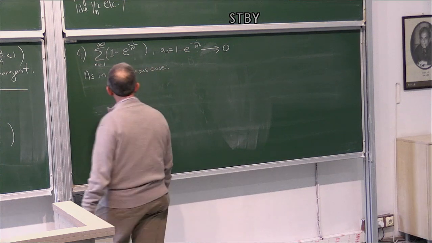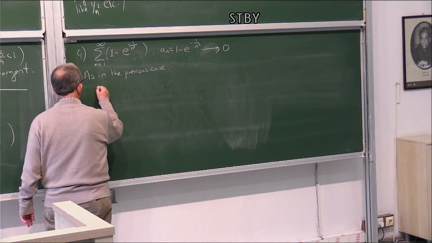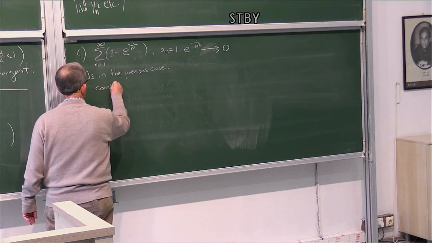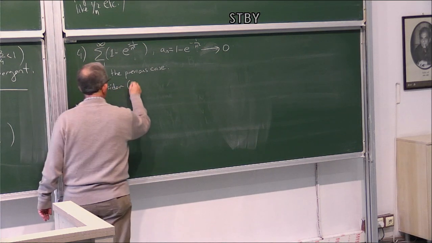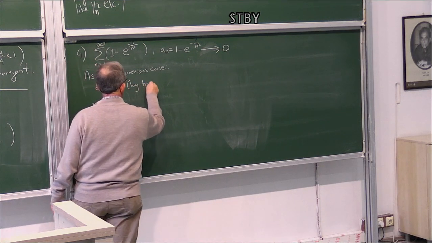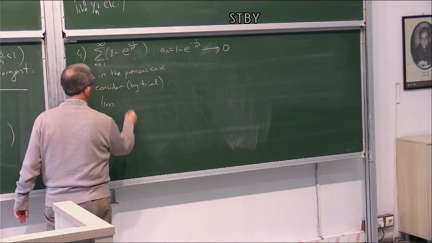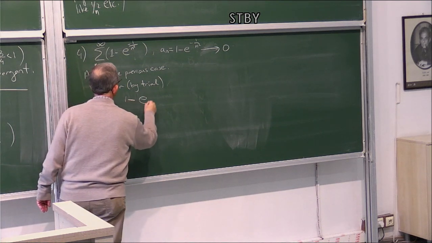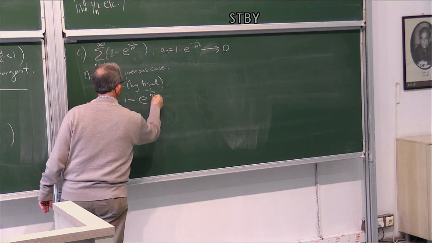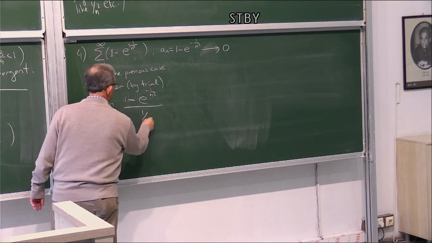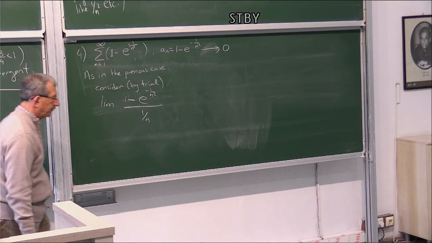So, as in the previous case, we consider, again by trial, okay, the limit of 1 minus e to the minus 1 over n squared divided by 1 over n. Okay.